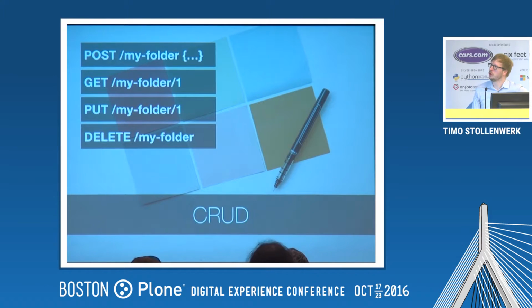If you want to create a new document, you do a POST request on a folder with the information about the title and stuff like that. If you want to access that object that you just created, you do a GET request on that URL. If you want to update it, you do a PUT request or a PATCH request. And if you want to delete it, you do an HTTP DELETE request. So that's basically the CRUD operations.